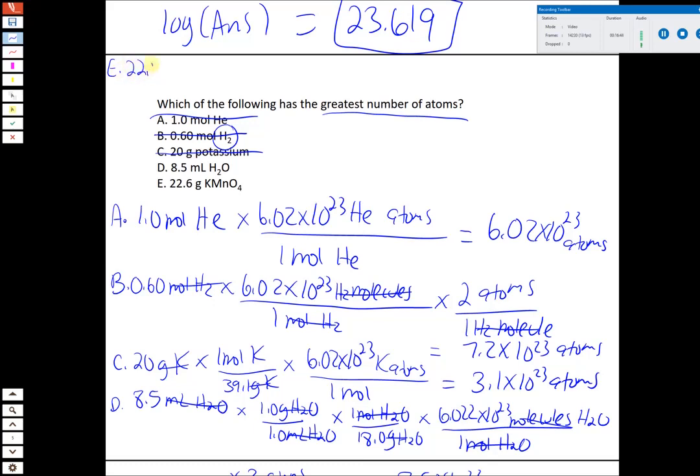So we have 22.6 grams of KMnO4. We use molar mass to figure out how many moles that is. So that's going to be the sum of the atomic masses for KMnO4, we get 158 grams per mole.